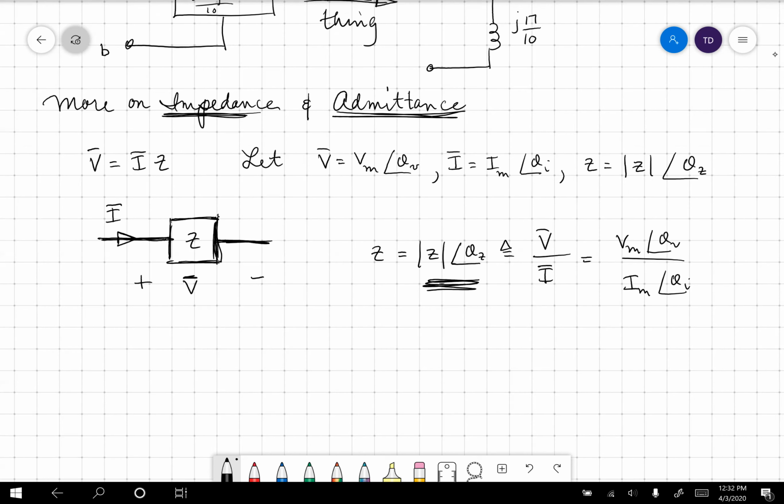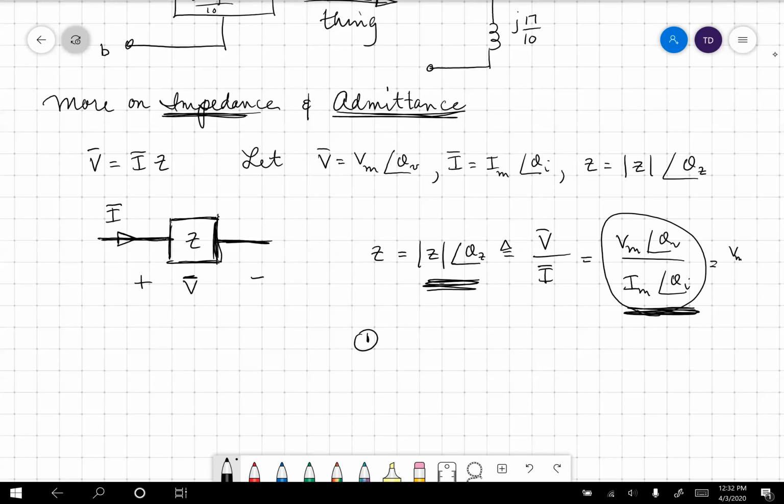For those two to be equal, what two things must be true? One, maybe I need to do a little bit more math on this.